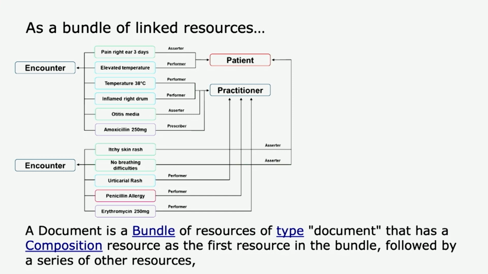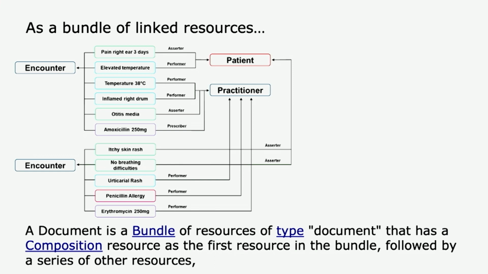Then it looks like this as a diagram, a diagram of the FHIR resources that are in that document. And when we put a bunch of FHIR resources together for something, it's called a bundle of FHIR resources. It's a common way to send data over the wire as FHIR. And there is actually a bundle resource in FHIR that tells you what this bundle's purpose is and other details about this particular bundle.